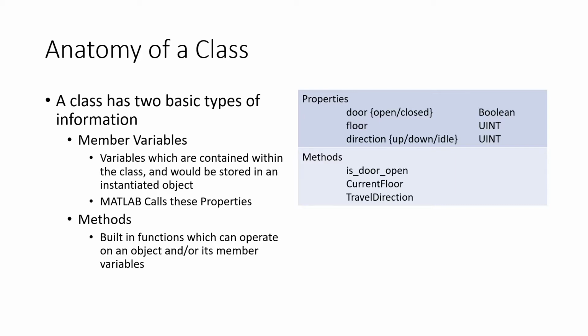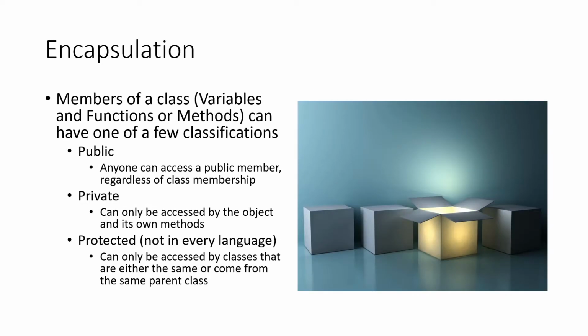Now, an important concept here is what we call encapsulation. Encapsulation allows us to protect parts of the class, so you can protect some of those properties so that only the class itself can edit it or other classes can edit it.